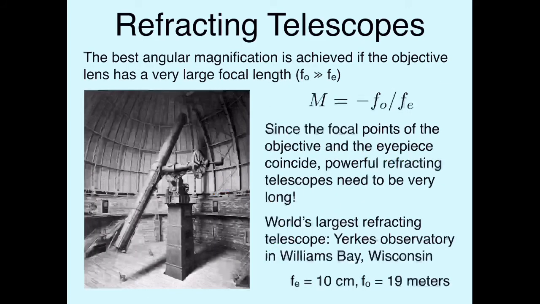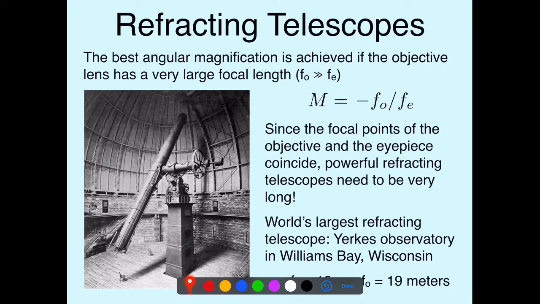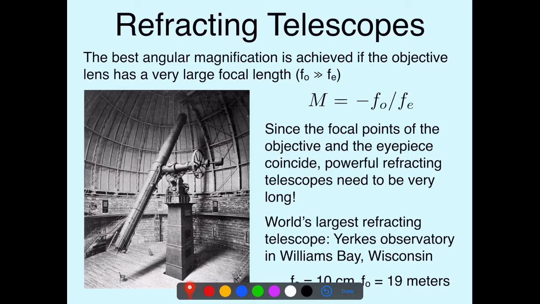Okay, so if we want to build the most powerful refracting telescope that we can, the idea is to get the best angular magnification, so we want a very large value of FO and a comparatively small value of FE. So we want the largest possible focal length for the objective lens. That's how we get the best magnification.